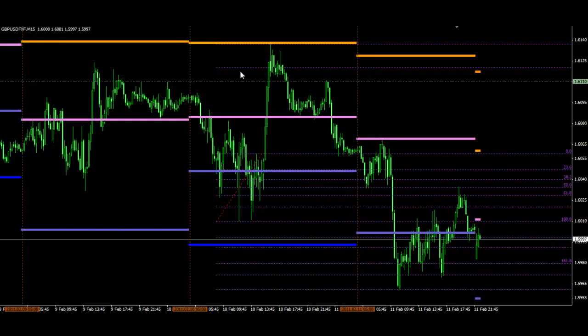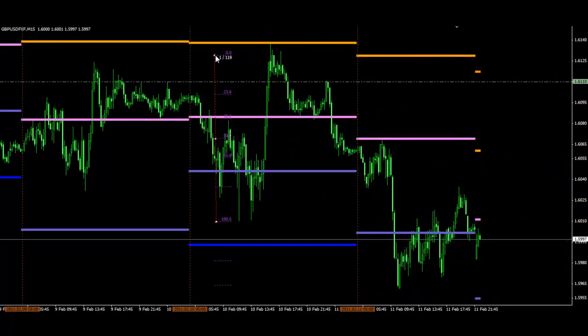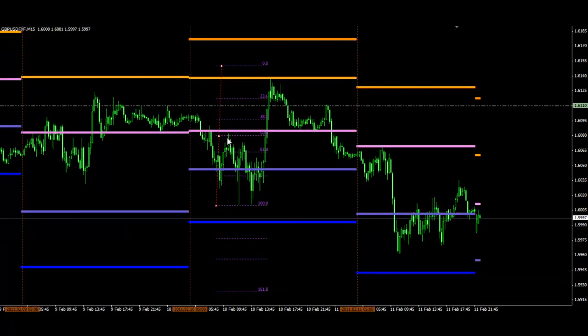So my profit objective on the trade was based on this low to this high. If you take the fib up to the high, the short-term high in here, right there.